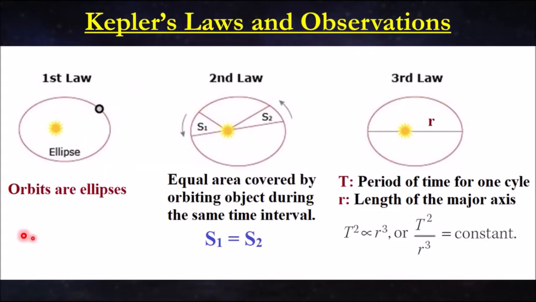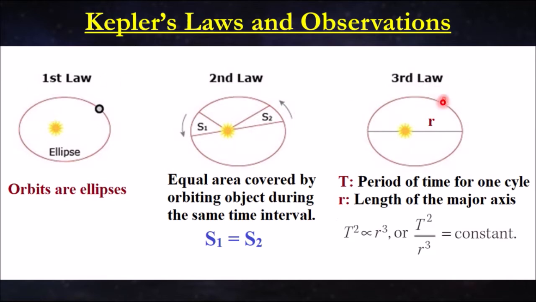So, law 1, orbits are in ellipses. We'll go through each one. Law 2, the area covered by a traveling planet is the same for a given period of time, even across different orbits, including elliptical orbits.